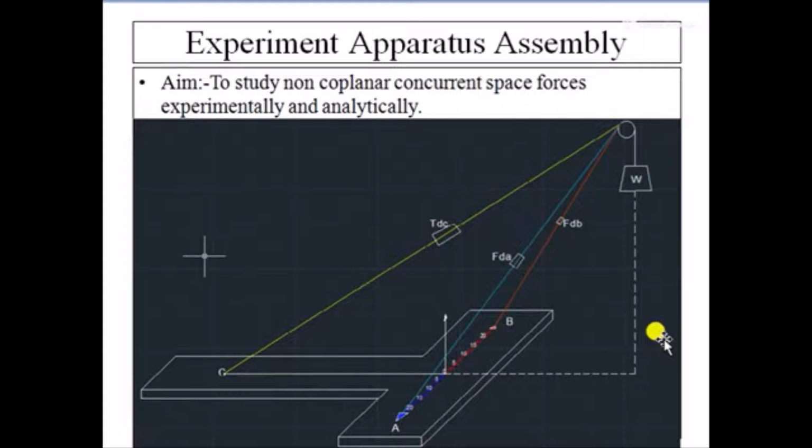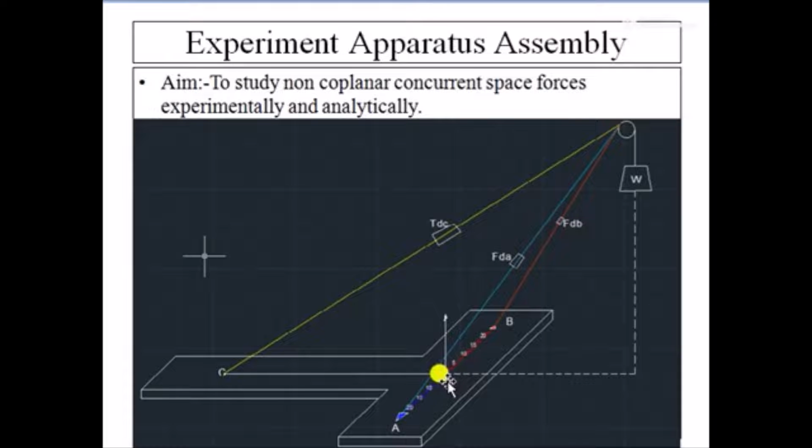Now you can see in the assembly that we have tried to build a non-coplanar concurrent force system. How have we done that? This is a board which is T-shaped at the base. There is an origin point here where the cursor of my video is. The center point from where the blue line towards A and the blue line towards B start is the origin point.